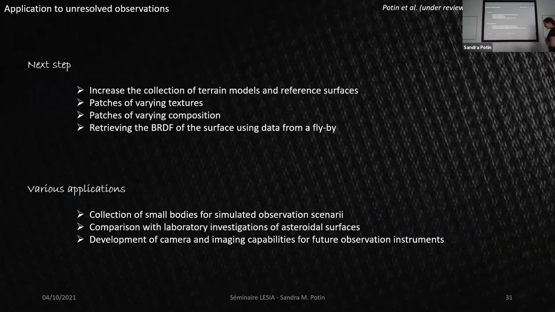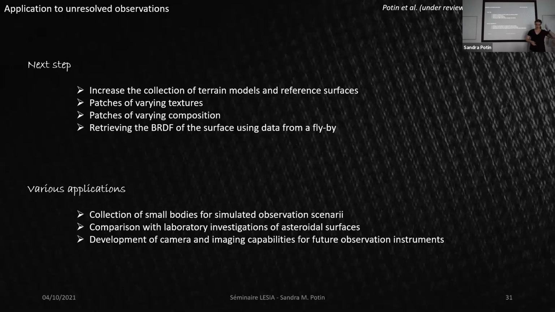The next step for this project would be to increase our collection of targets. So we need several shape models, terrain models, and various reference surfaces. We would like to try applying different patches of composition and texture on the asteroids to better recreate the targets.